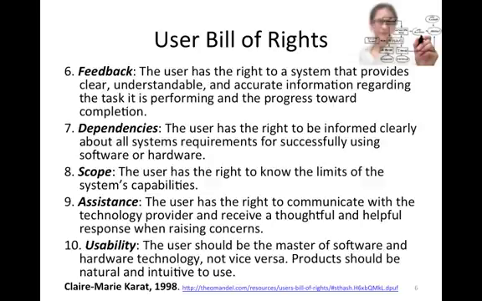Dependencies. The user has a right to be informed clearly about system requirements for successfully using hardware. So if there's a specific product for a PC and a specific product for a Mac, it's really important to know that, right?